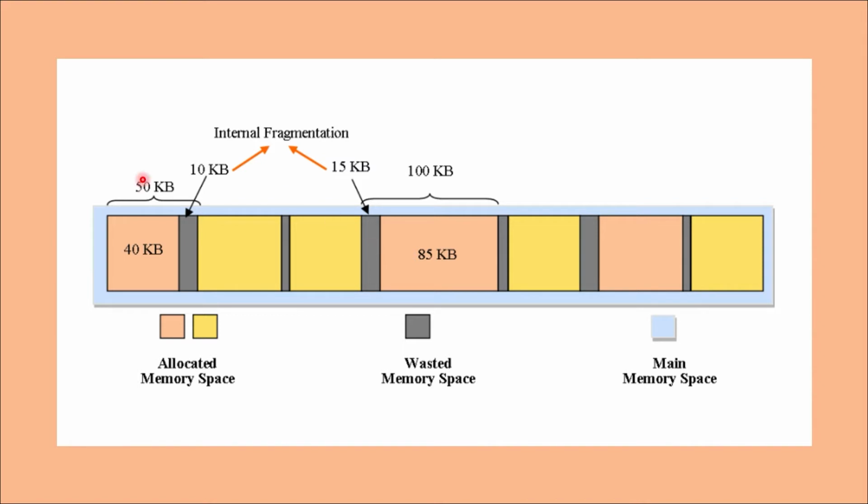Whenever you are allocating memory, it doesn't get allocated one by one. Some memory will be wasted, and as it grows more and more, the wasted memory also grows, and after some time you will feel your memory is finished.